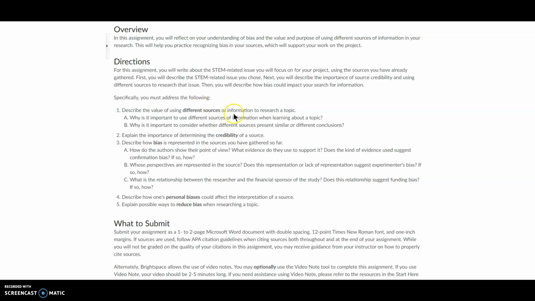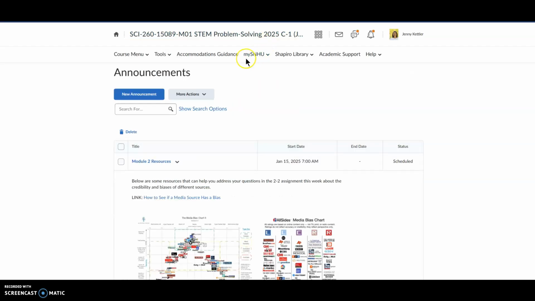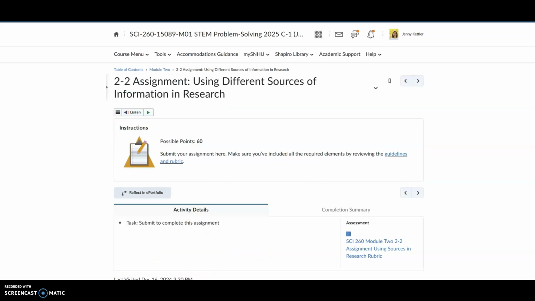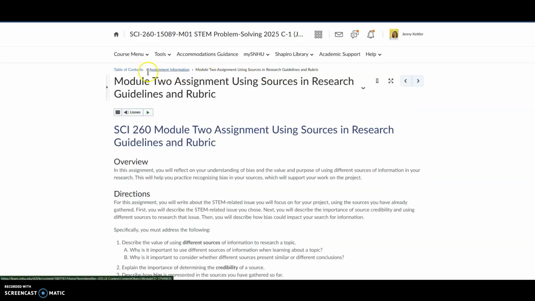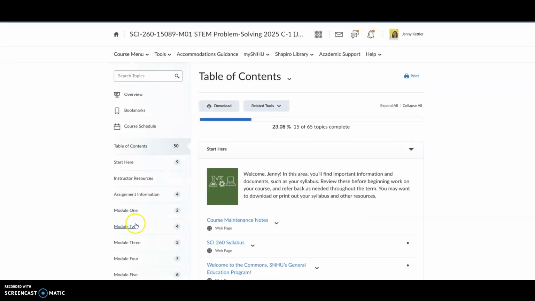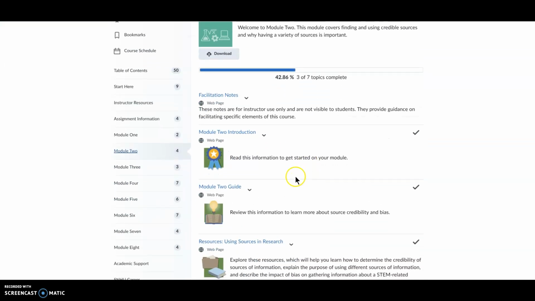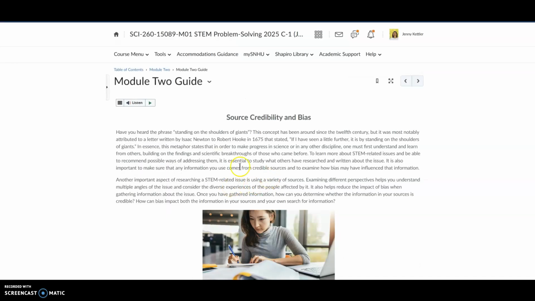So to answer 1 and 2, I would recommend going to your module resources. I thought I had the content open, but I did not. So I would go into your module 2 guide to help you answer this.